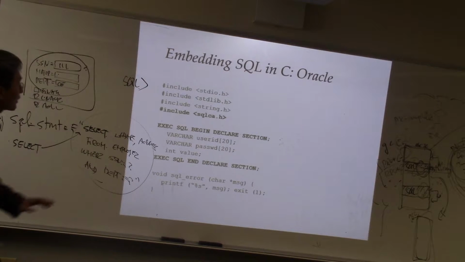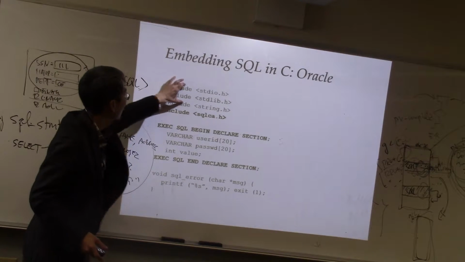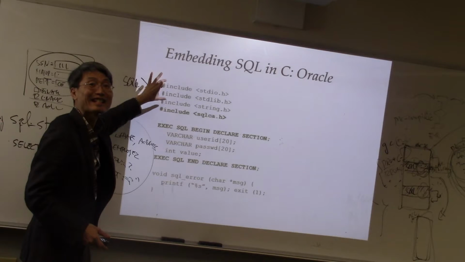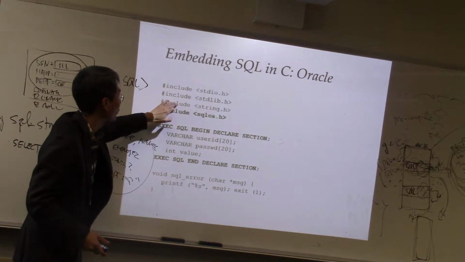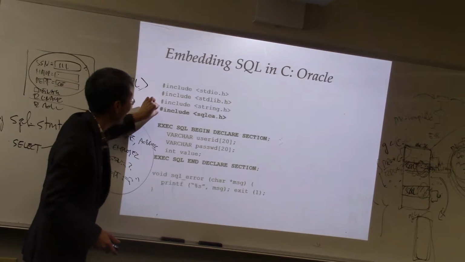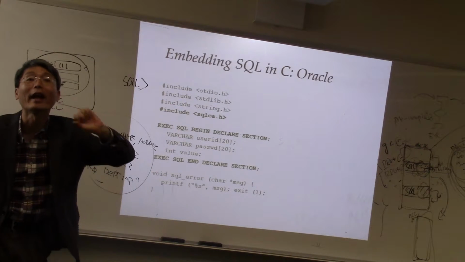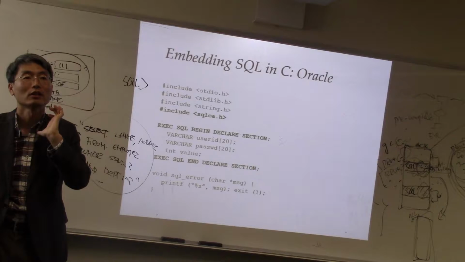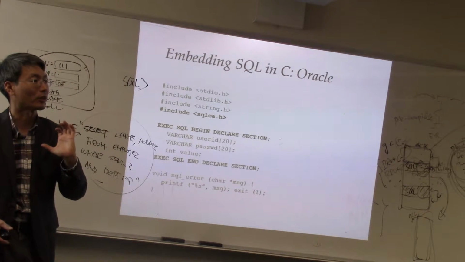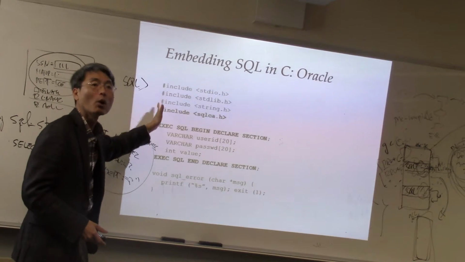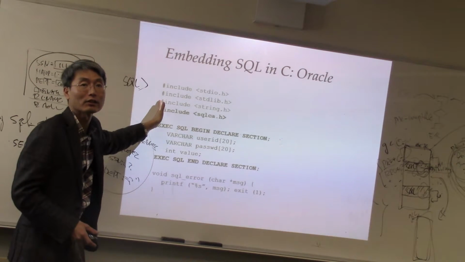This is the header include file for a C program, right? Standard input and output, standard library, string. But this sqlca.h is the header information about SQL code in C language, provided by Oracle in this case.